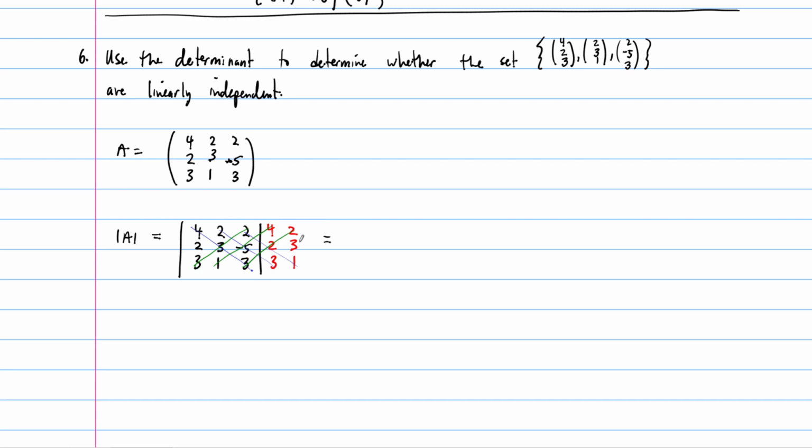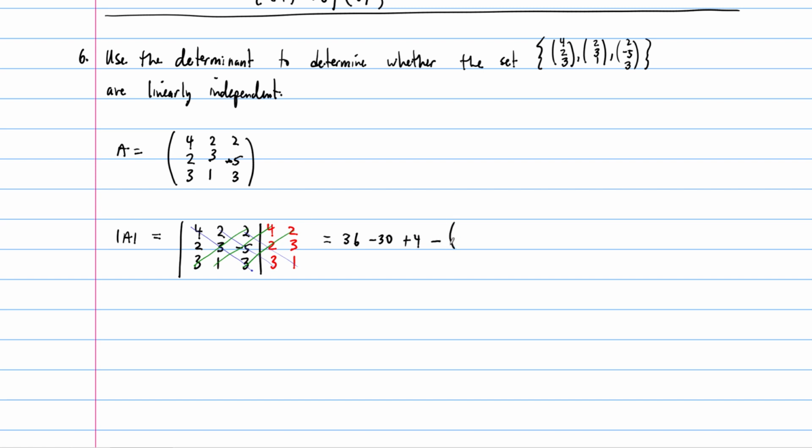So this is just a computation, but this is going to be 4 times 3 times 3, so we can just write this out. Sorry, that's not 24, that's 36. So that one's going to be 36. Then this is going to be minus 30, and then plus 4.